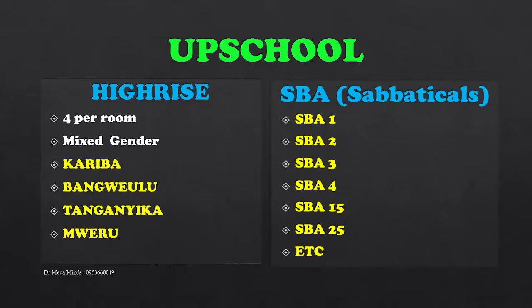If you're having a class down school, you'd walk for like 15 minutes. It can go up to that much. That is how vast Mulungushi is. The sabbaticals are quite distant compared to down school. But if you're having a class up school, at least the distance is so near.